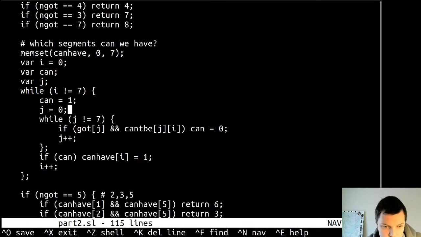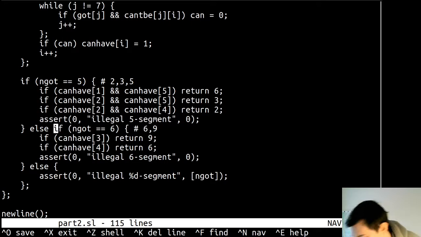So what was the other thing I was saying? Oh yeah, 0 can be returned. 0 is a 6-digit one. So zero is A, B, C, E, F, G. 6 is A, B, D, E, F, G. 9 is A, B, C, D, F, G. So if we've got C and E, then we've got 0.